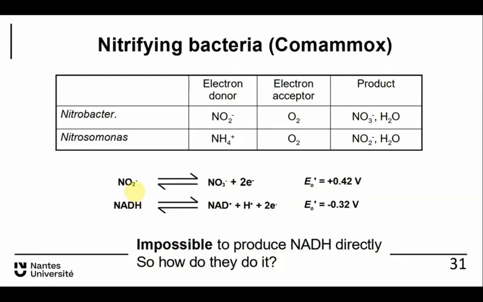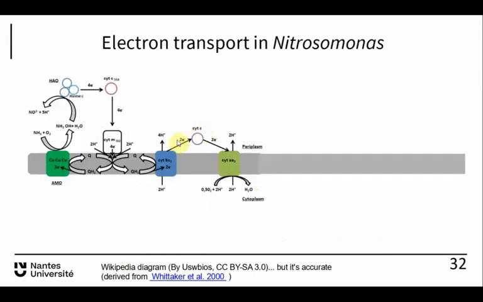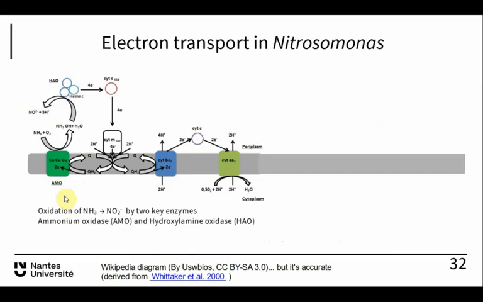Well, they can't get NADH directly, but what they can do is generate a proton motive force, because these electrons are going to go onto oxygen at the end. And what nitrifying bacteria have is a couple of enzymes that are very interesting for biochemists: ammonium oxidase and hydroxylamine oxidase, HAO.